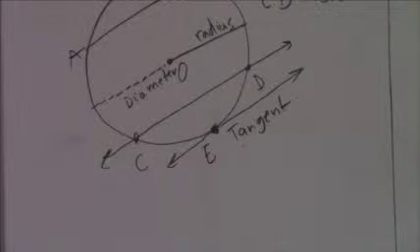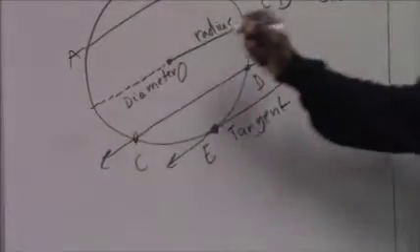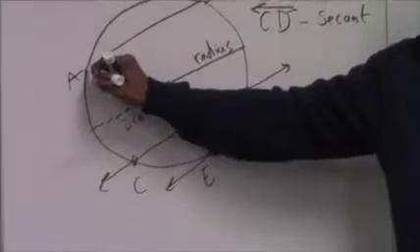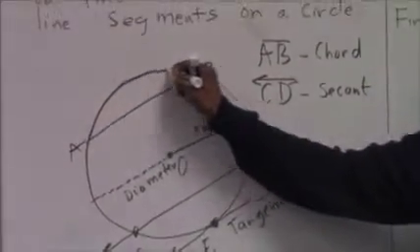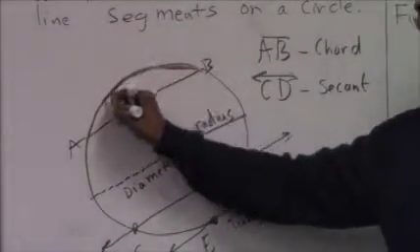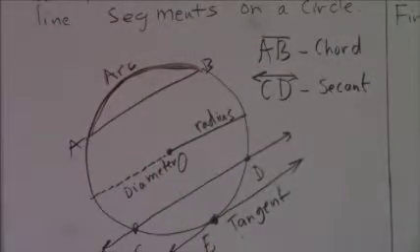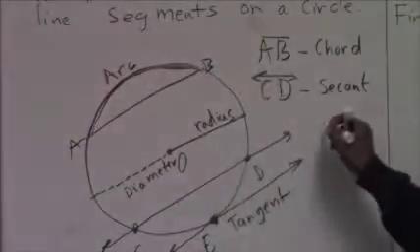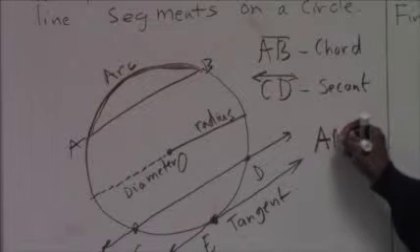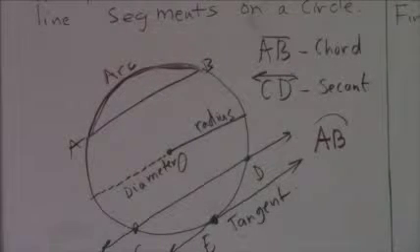A chord forms an arc right here. That is an arc, and if I'm describing that, I will write AB with an arc over it. It's a minor arc.